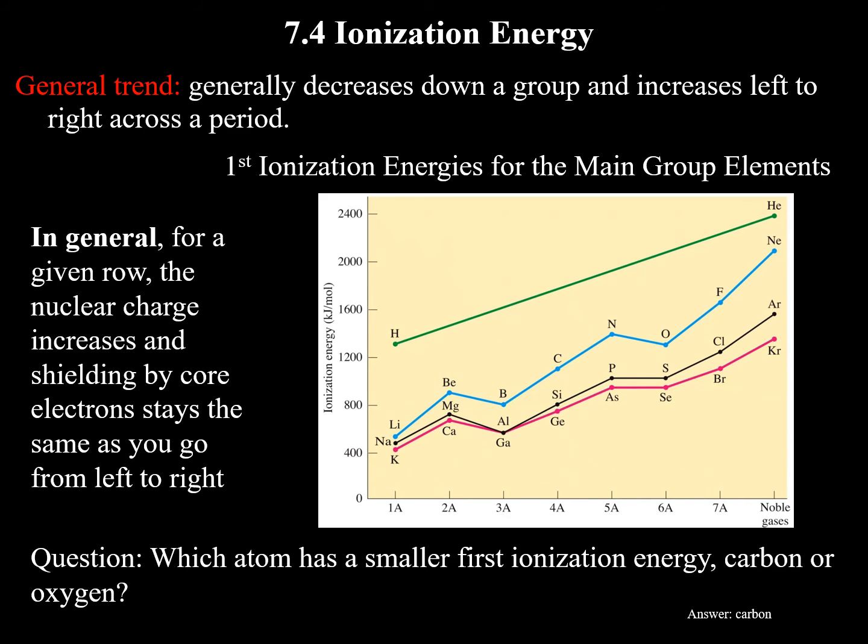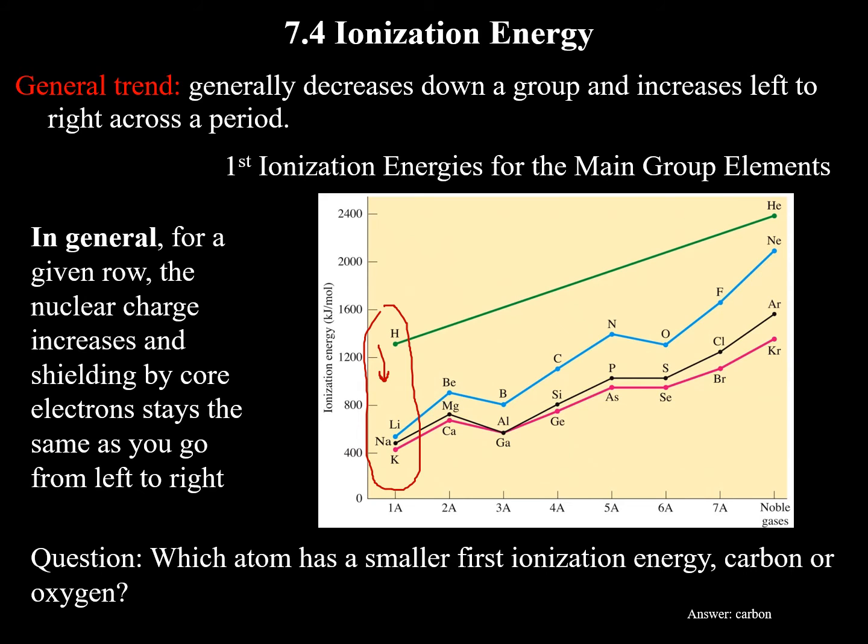So the general trend, as you go down a group, the ionization energy decreases, and as you go from left to right, the ionization energy increases. As you go down a group, this couples with the effective nuclear charge, the Z effective.